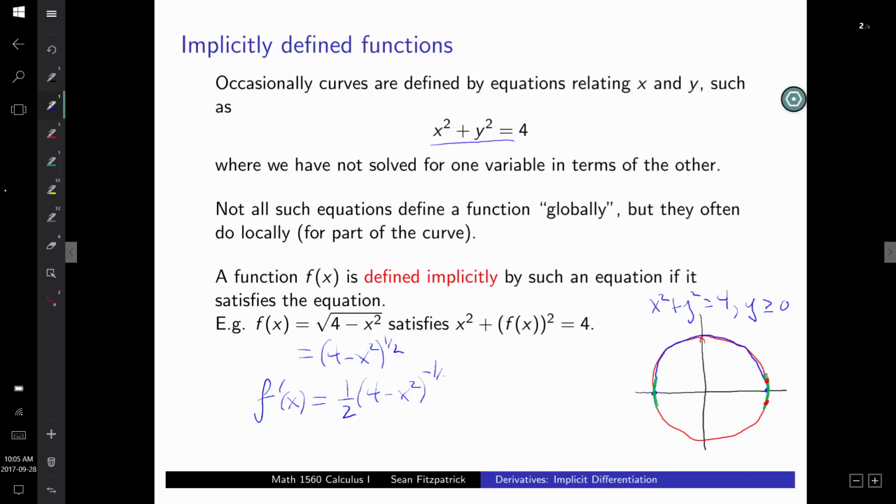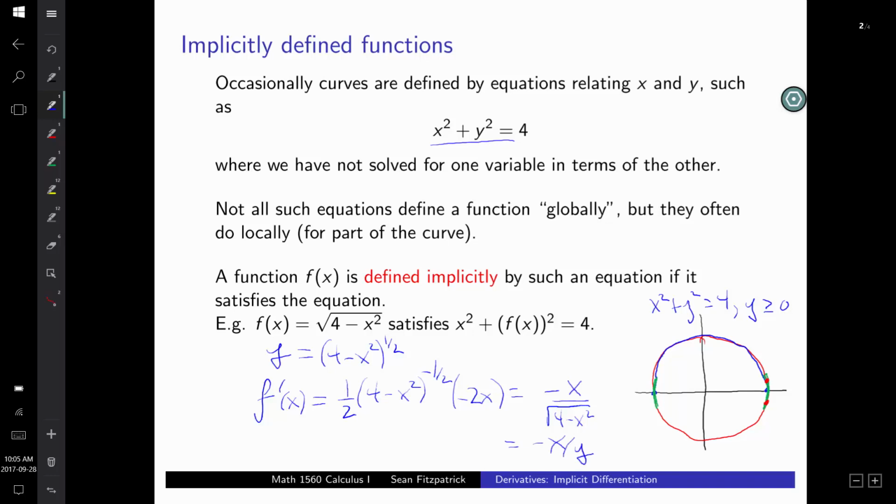We take the derivative of the outside function, the square root function, evaluated at the inside, and then we remember that we have to multiply by the derivative of the inside, which is 4 minus x squared, and that gives me minus 2x. With a bit of simplifying, I can write this as minus x over the square root of 4 minus x squared. And so if y is equal to f of x, then really what I have here is minus x over y.